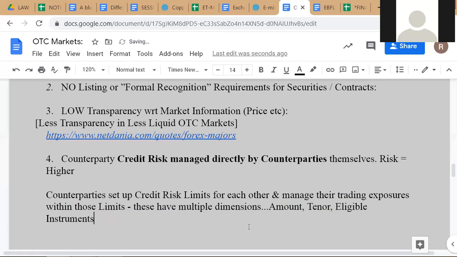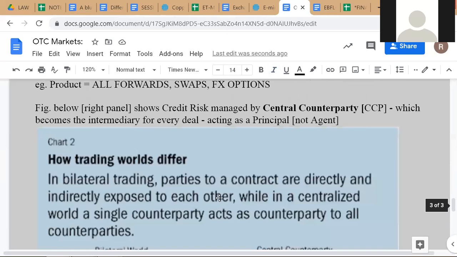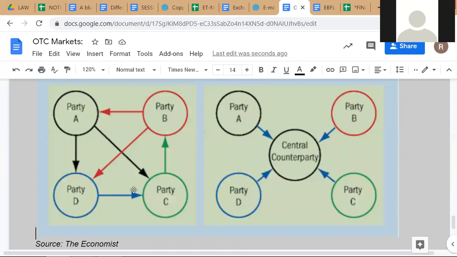So the point to understand about limits: when we say counterparty credit risk is managed directly by the counterparties between themselves, it's not that they just blindly trade with each other. Party A can't just call up party C, who has never heard of party A, and say, okay, let's do a deal. It doesn't work like that.